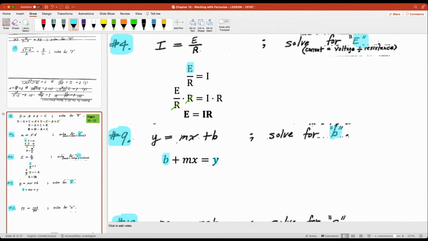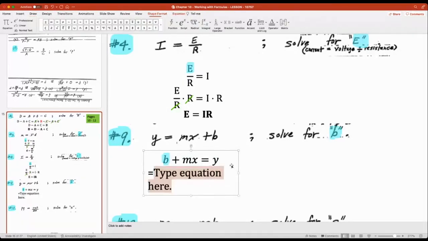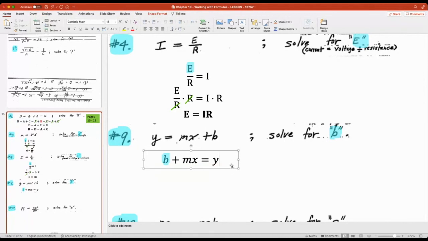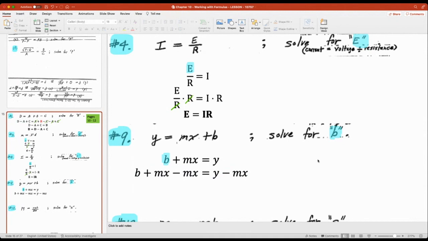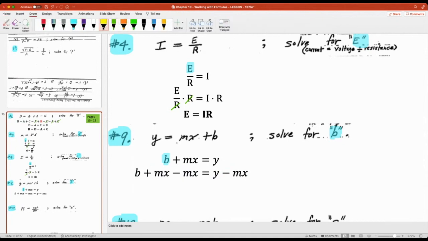So that means that the mx is in the way. So how do you get rid of the mx? Well, B is being added to mx, or mx is being added to B. So what I'm going to do is subtract mx from both sides. So if you subtract mx from both sides, that will neutralize the mx here on the left.